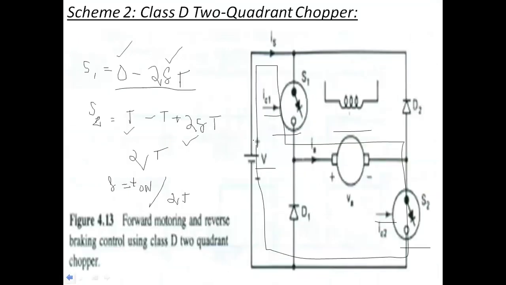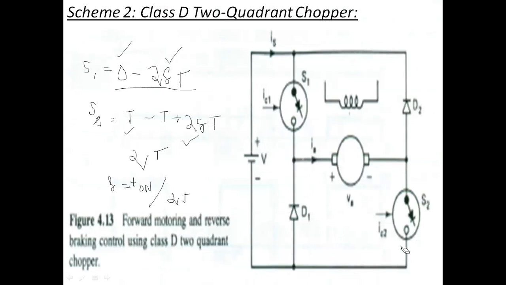This is mode 1. In mode 1, the current flows from V, S1, the motor armature, and S2. Next, we will see mode 2. Mode 2 operates when S1 is on and S2 is open.